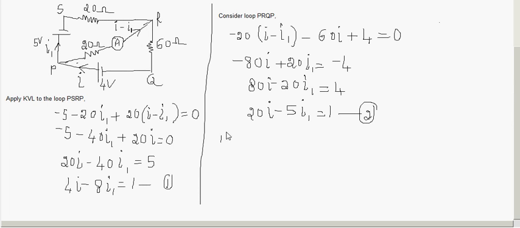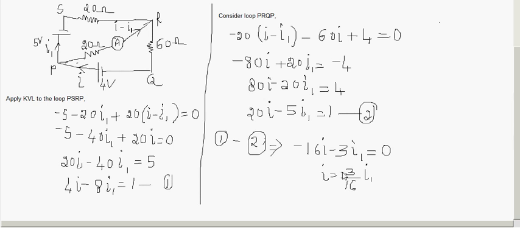So equation 1 minus equation 2 will give us 4I minus 20I, that is minus 16I, minus 8I1 minus 5I1, that is minus 3I1, equal to 0, or I is minus 3 by 16 I1.